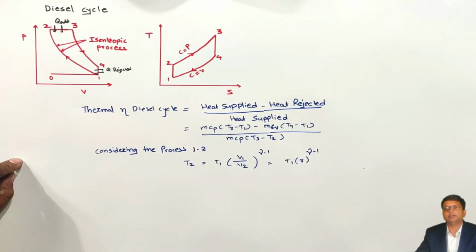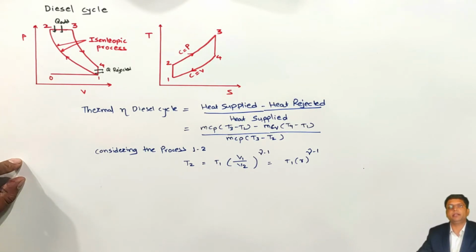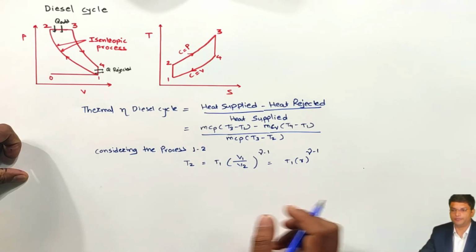Now we know r is the compression ratio, and gamma is the ratio of specific heat at constant pressure upon specific heat at constant volume.